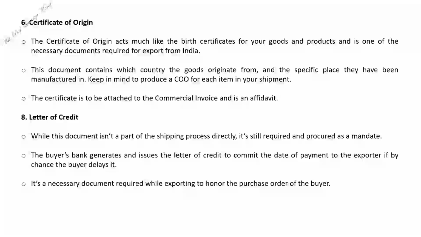Now the ownership of the product, the responsibility of the product, gets transferred from the transporter to the customs officials. Initially, when it was at the seller's place, the responsibility was in the seller's hands. Once it was handed over to the transportation team, the responsibility of the goods was transferred to the transportation department.